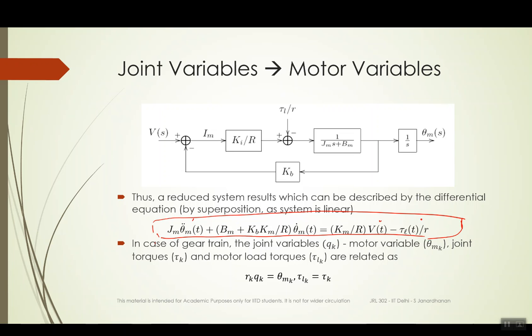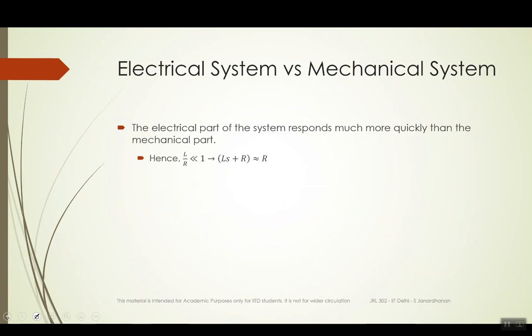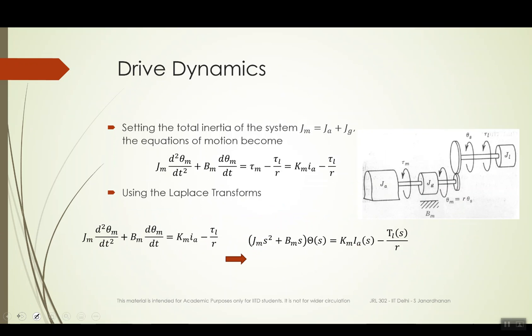We also have a gear train, and let's go back and see the gear train example we have taken. We have also seen that the motor angle and the angle of the load, that is the joint variable, are related by theta m is r times theta s, and the load torque is just translated here, so the load torque here is the same as the load torque that I have from the joint.